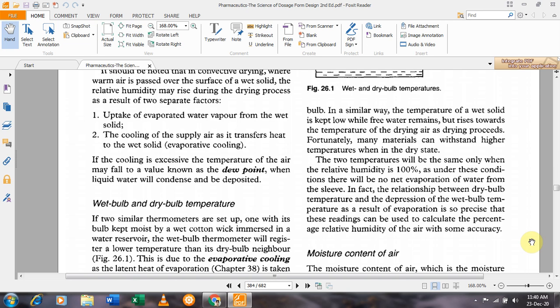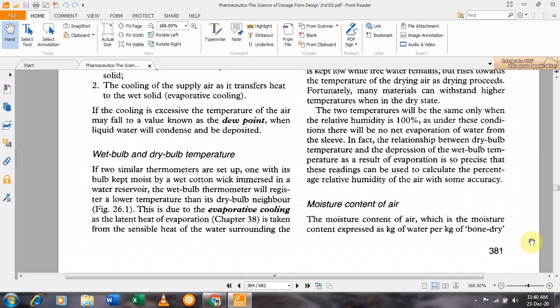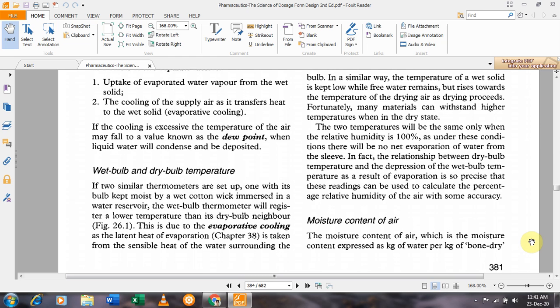In fact, the relationship between dry bulb temperature and the depression of the wet bulb temperature as a result of evaporation is so precise that these readings can be used to calculate the percentage relative humidity of air with some accuracy. That is the description about the relative humidity and the wet bulb and dry bulb temperature.